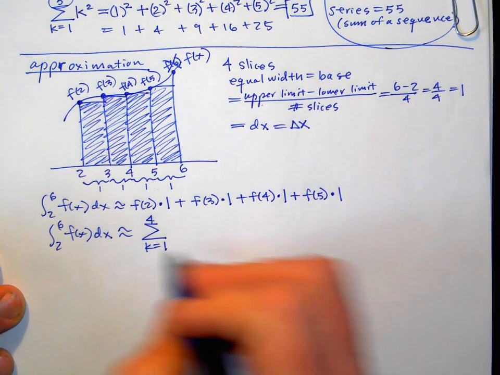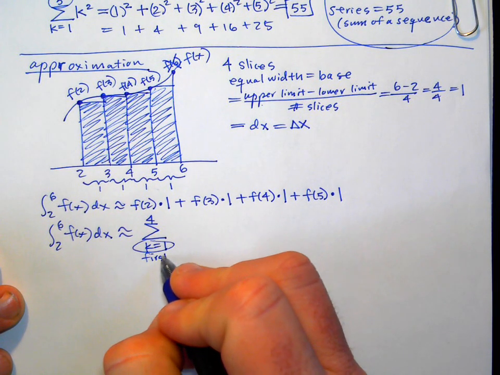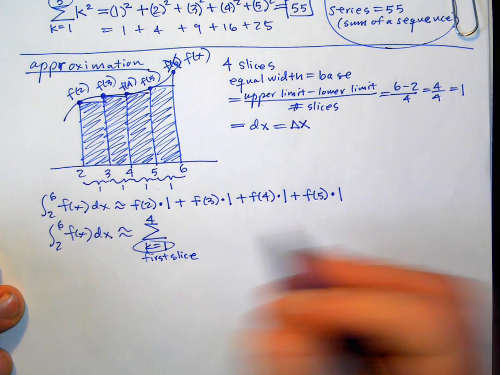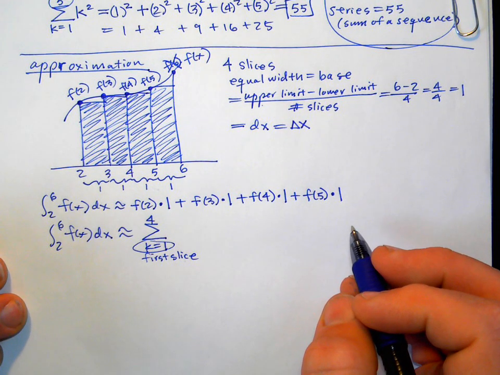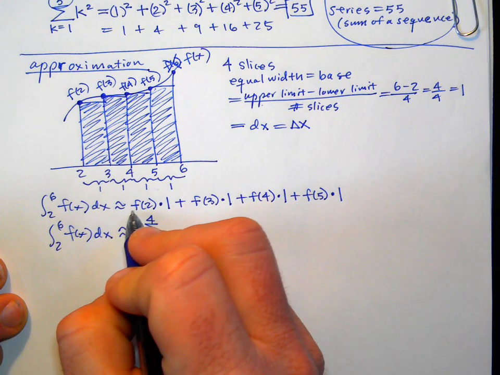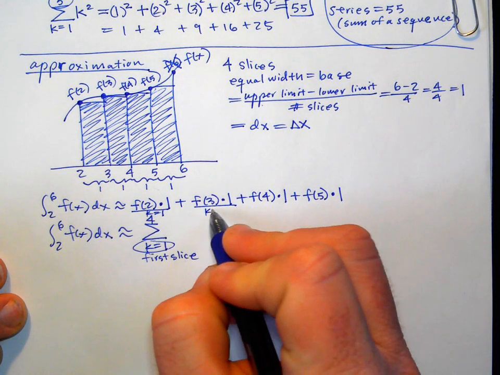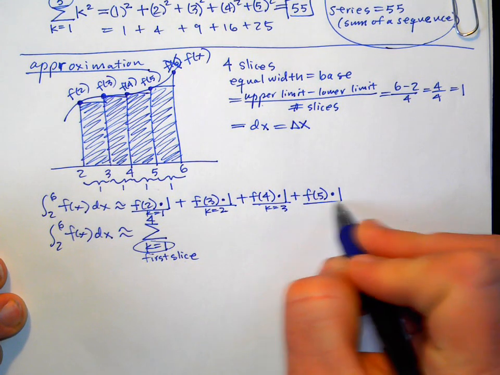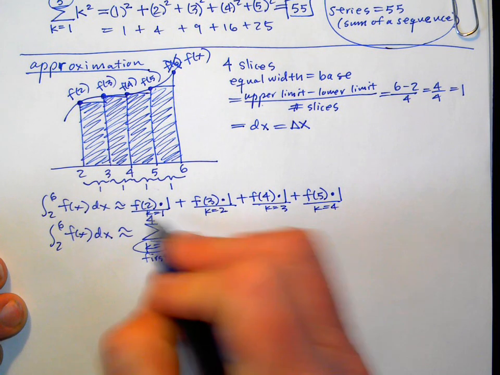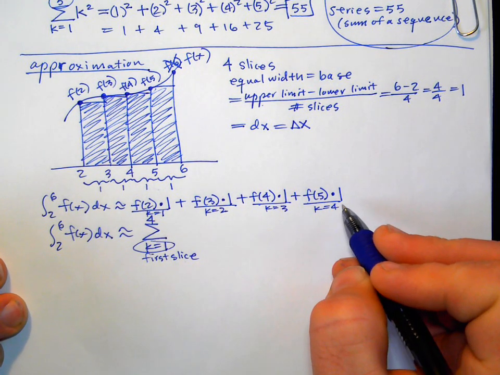Now, k equals 1 is usually for the first slice. Sometimes we start at k equals 0, which my computer science students should appreciate. But a lot of times k equals 1 is a nice place to start. K equals 1, k equals 2, k equals 3, k equals 4, right? First term, second term, third term, fourth term, first slice, second slice, third slice, fourth slice.